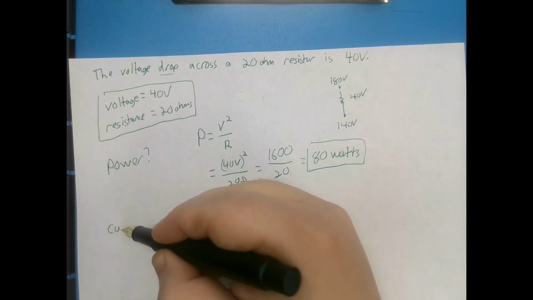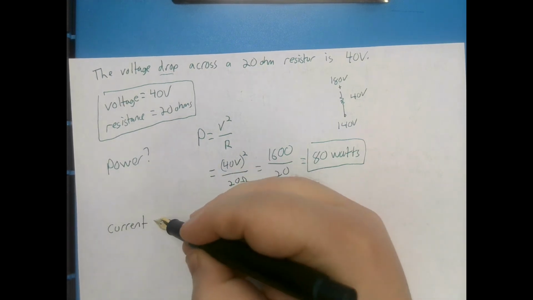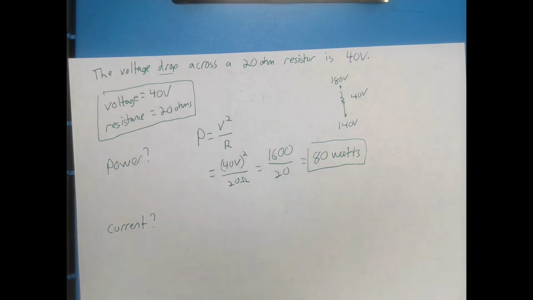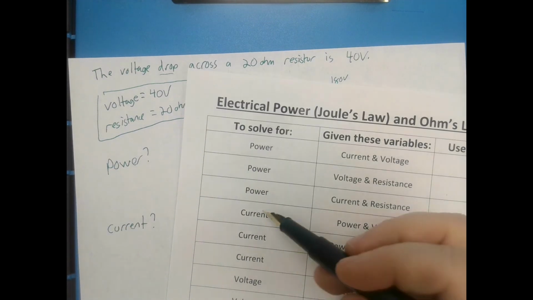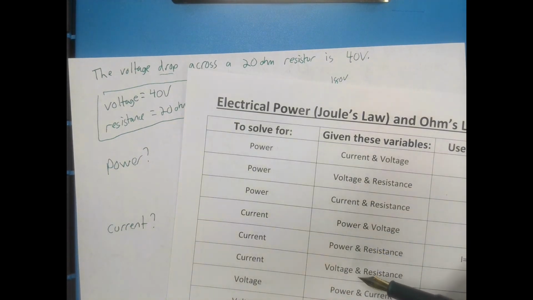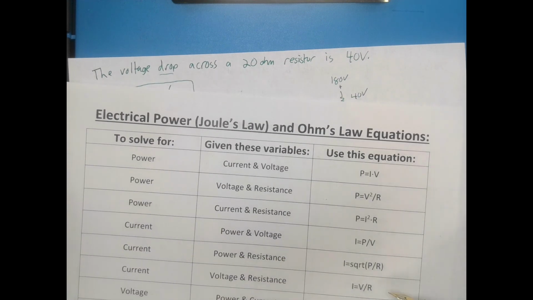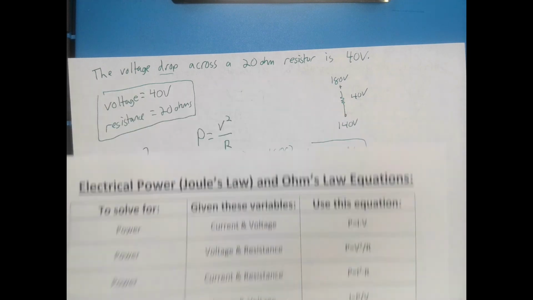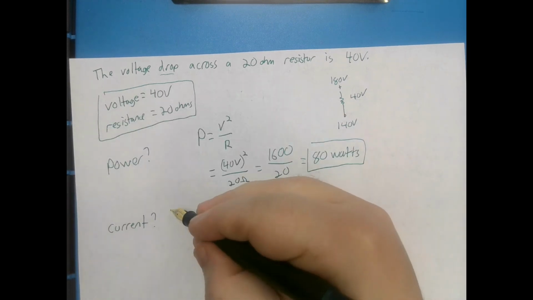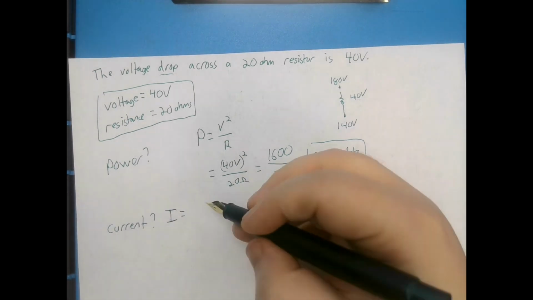What about the current? Again, we'll solve for current given voltage and resistance. We use this equation right here. Current is equal to voltage over resistance.